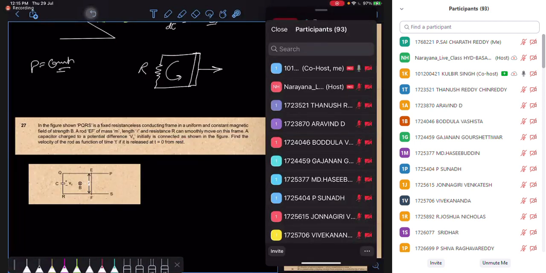A simple reason you can give me is that the capacitor is charged. So this charge tries to come back here. This positive charge tries to come here. It tries to neutralize.